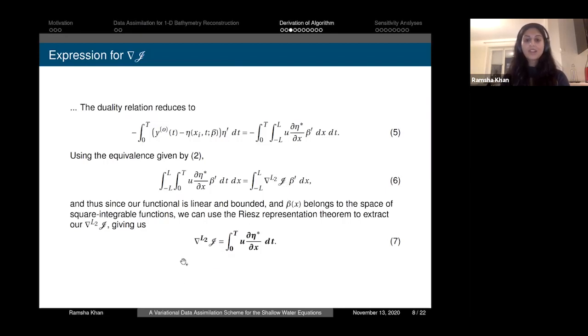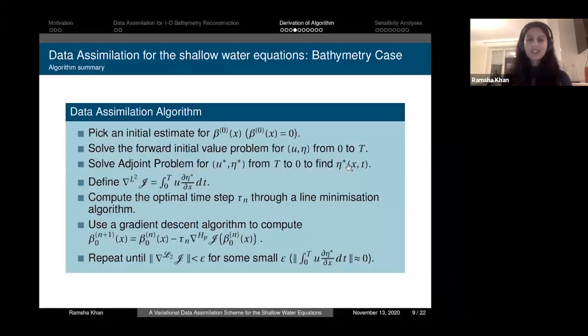And using this method, we're able to extract the gradient of J with respect to beta, and we can do this analytically, where this is the solution of the velocity of our forward equations, and eta star is the solution of our adjoint equations. So just to summarize the entire process, first, we pick an initial estimate for our bathymetry, which we'll call beta naught.